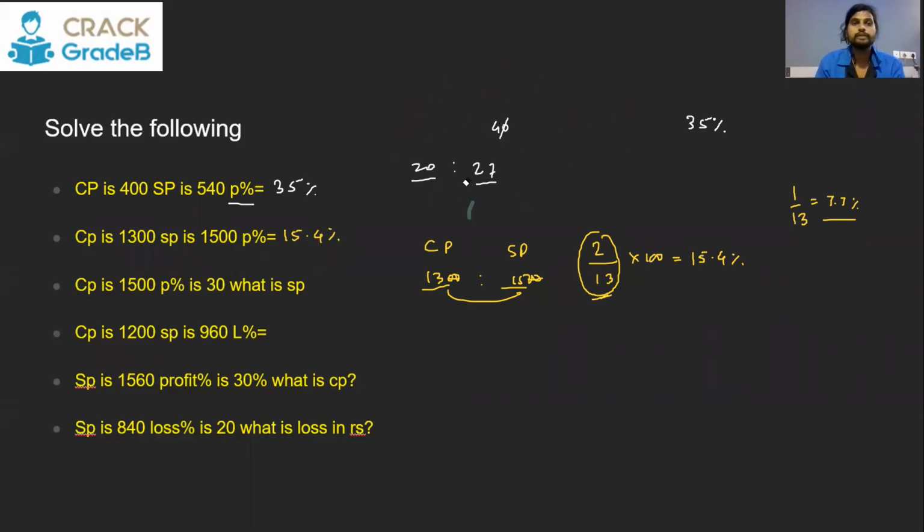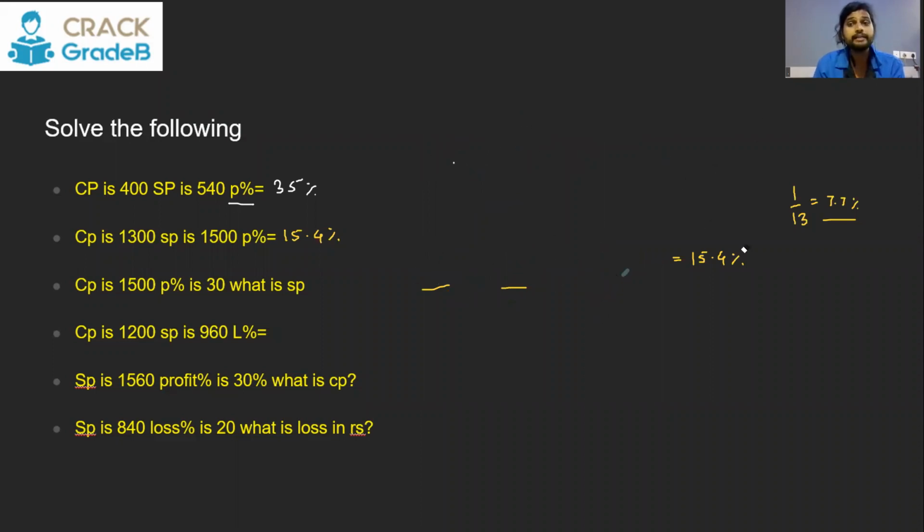Easy. Next one. Cost price is 1500. Profit is 30%. What is SP? So if I bought a stuff for 1500, cost price is 1500, and my profit percent is 30%, that means you are selling your stuff at a 30% higher price, or you increase it by 30%.